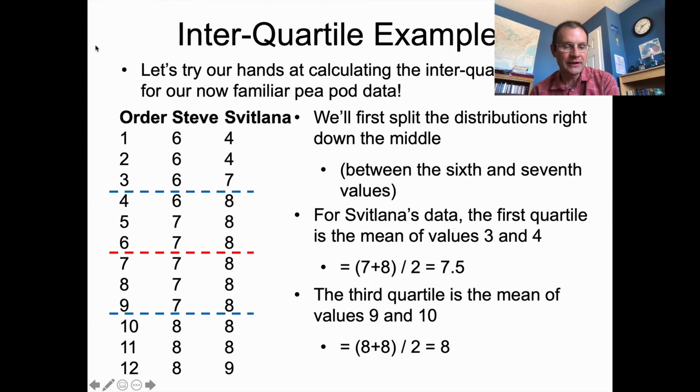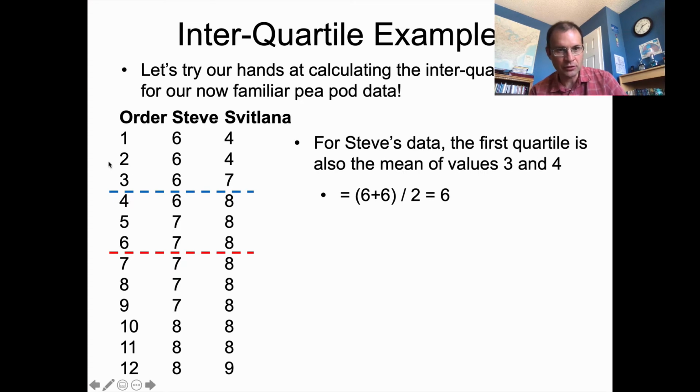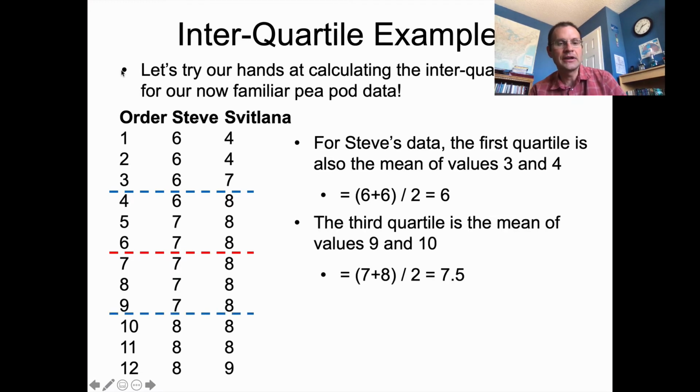Correspondingly, if I do the same thing for Steve's data, what I get is the first quartile equal to 6, because those are the two values in the middle of this half of the distribution. And then down here, I have to do very little arithmetic work. 7 and 8, the average of those two is 7.5.